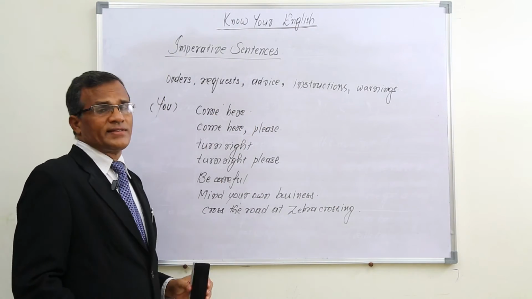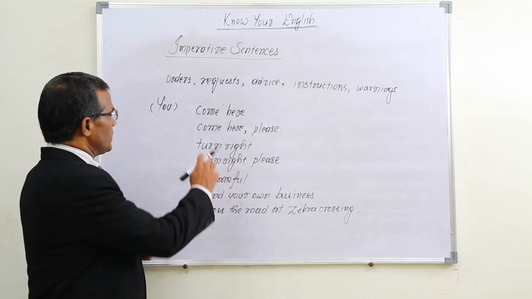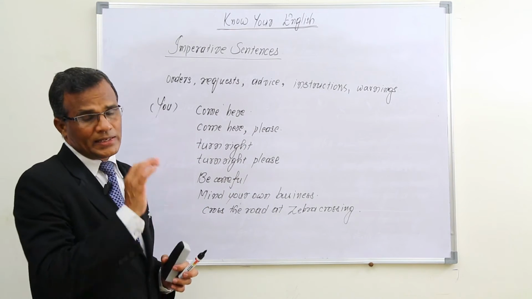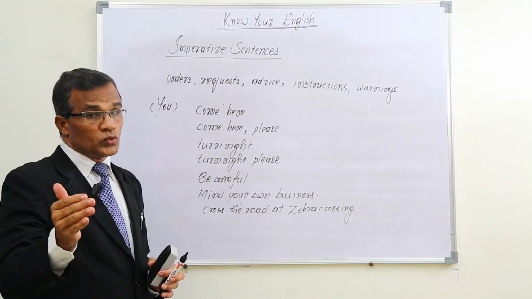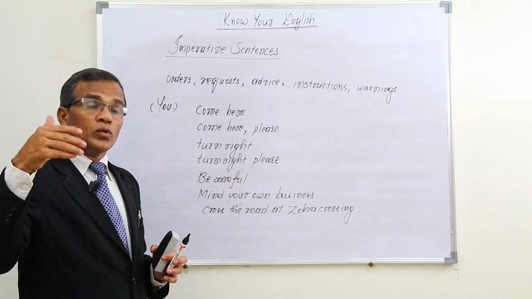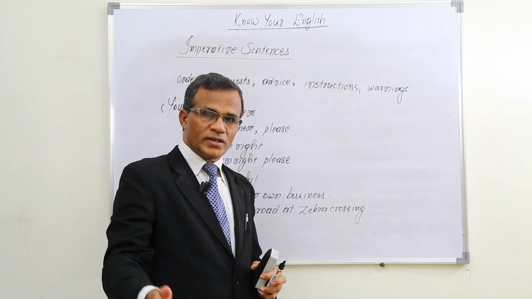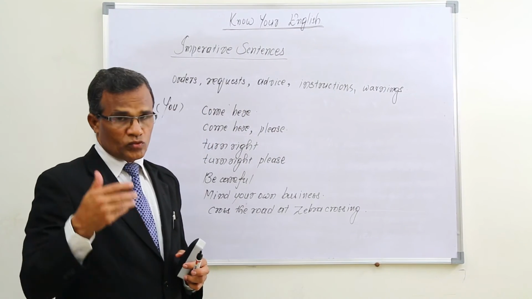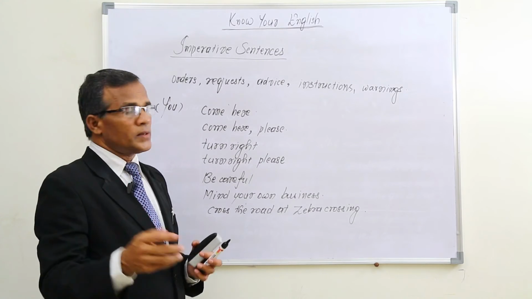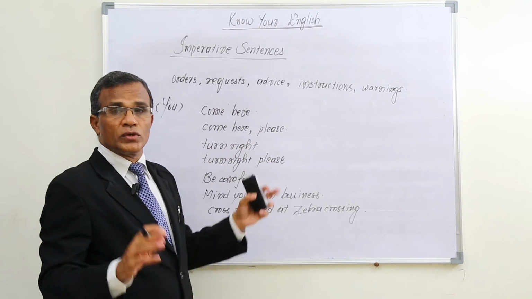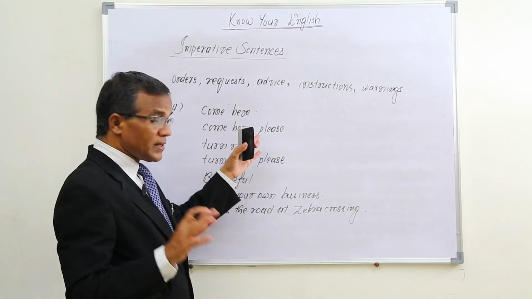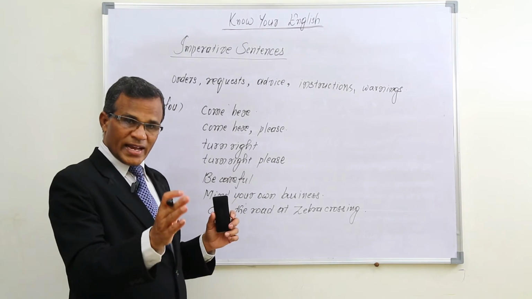But in all these sentences, you is understood. Come here means you come here, but we don't use you as the person we are talking to is in front of us. Generally we say come here, come here please, turn right.